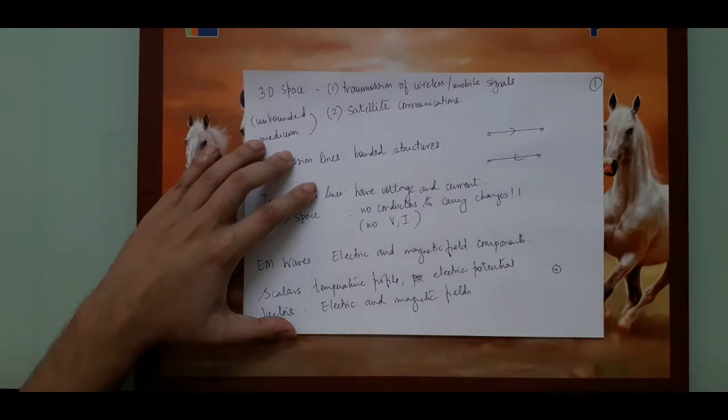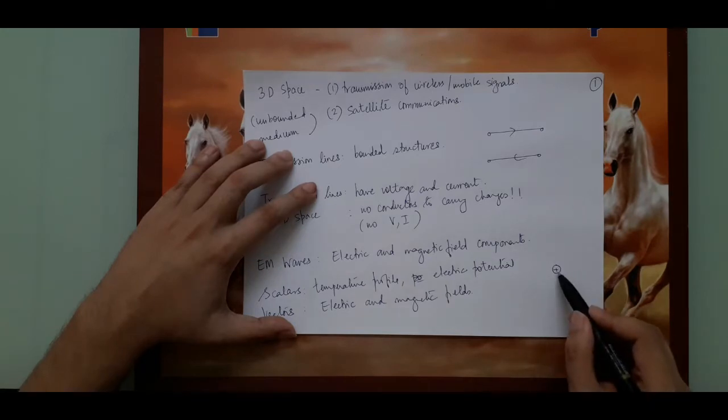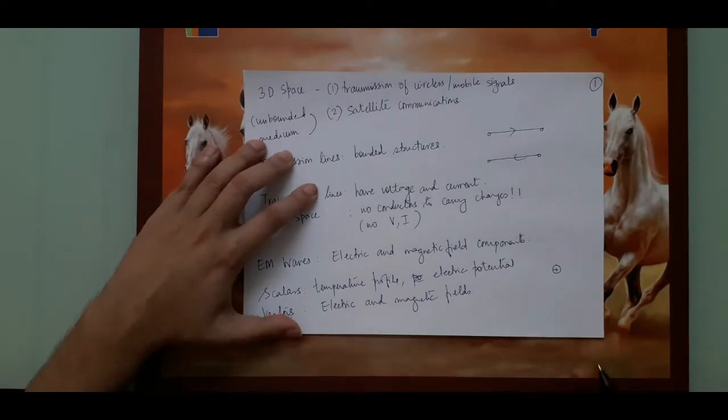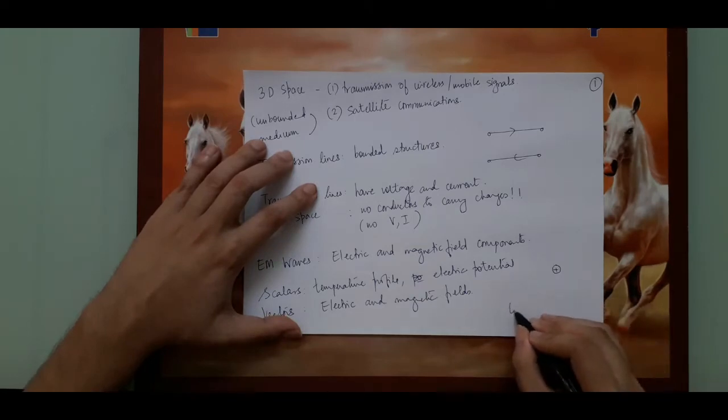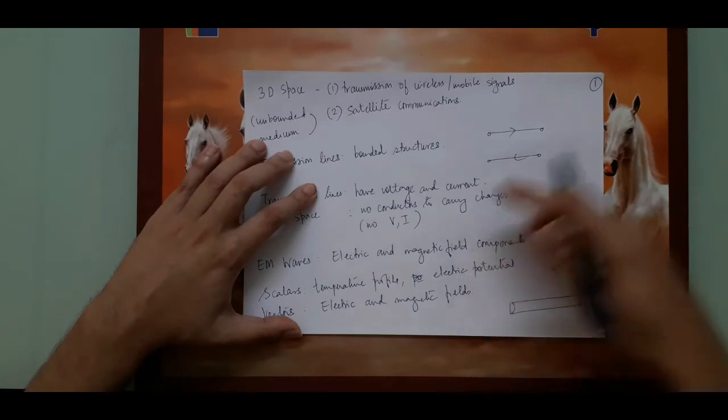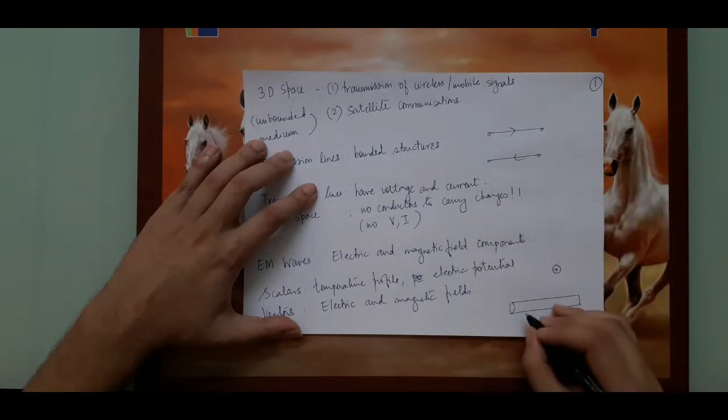Now, what gives rise to magnetic field? If I have one charge, or if I have a few charges and I am able to make them move. Suppose I have this conductor. Remember, the conductor is not 3D space. The space around the conductor is 3D.